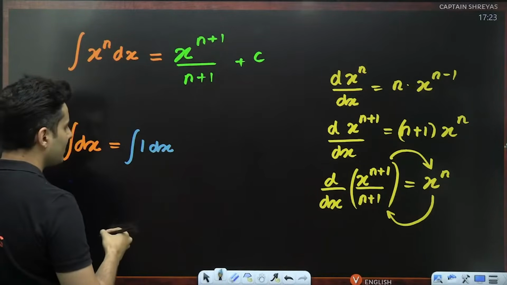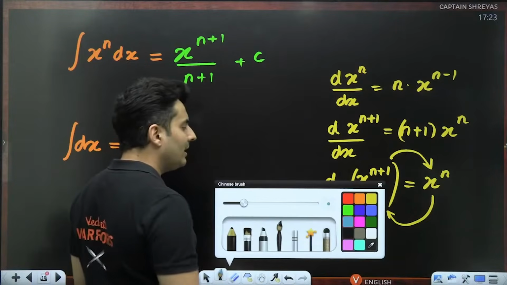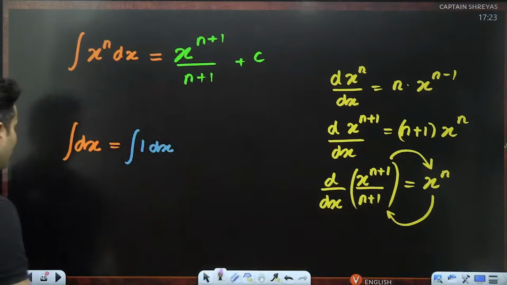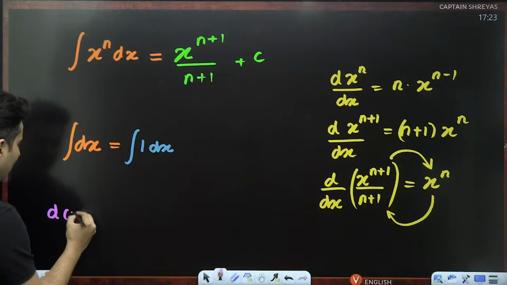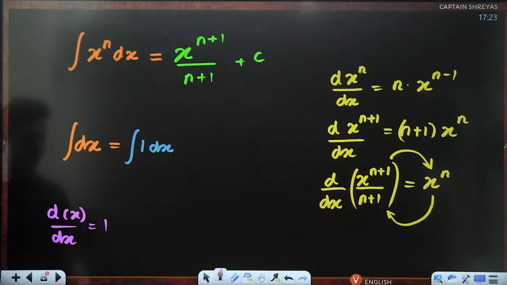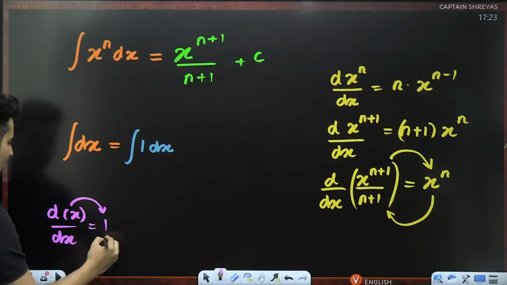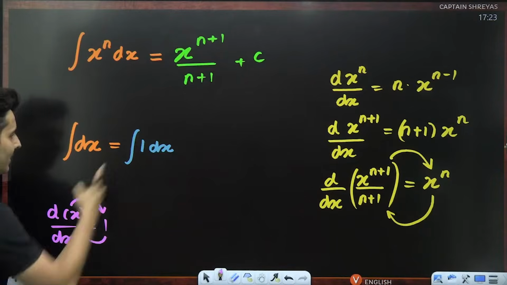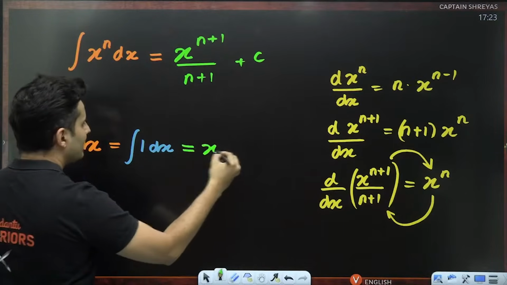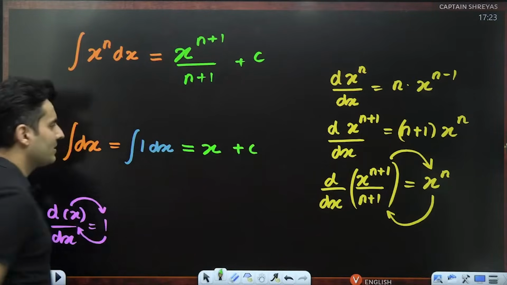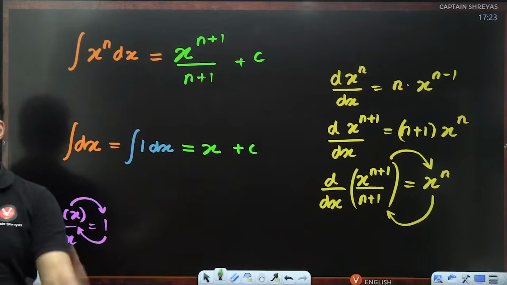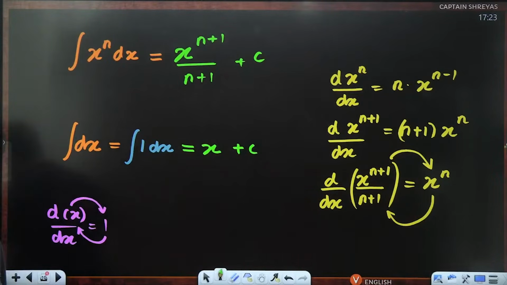Now think, whose derivative is 1? Well, if I differentiate x with respect to x, the answer is 1. So the derivative of x is 1. So the integration of 1 will be x. Hence the answer to this problem is just x, and put that constant of integration. So integral dx just becomes x, and that c will come as it is.